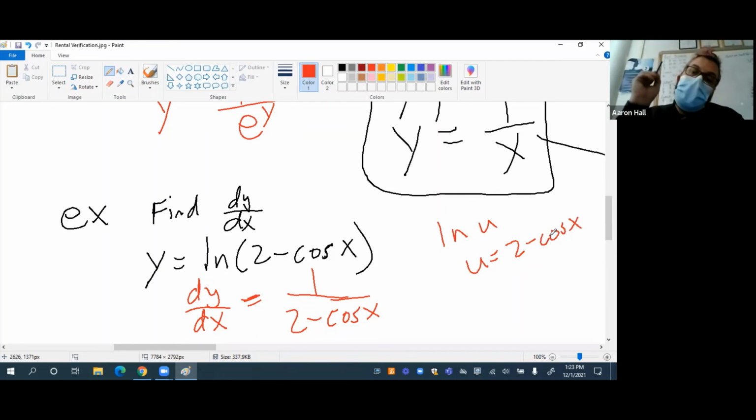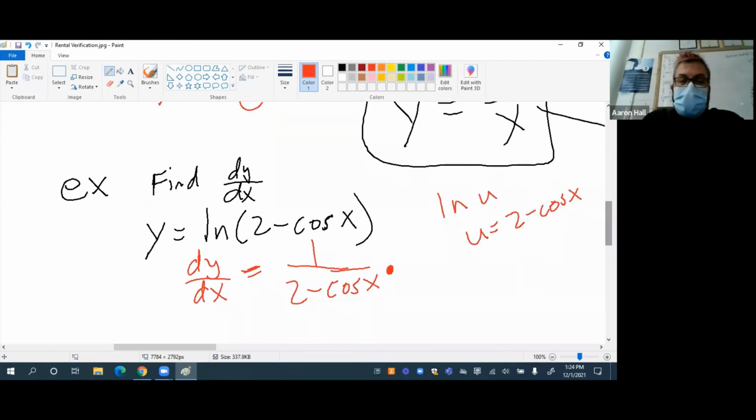The chain rule is always the derivative of the outside function, and then I need to multiply this by something. What's the derivative of 2? 0. What's the derivative of cosine of x? Negative sine of x, so the negatives give us a positive sine of x.